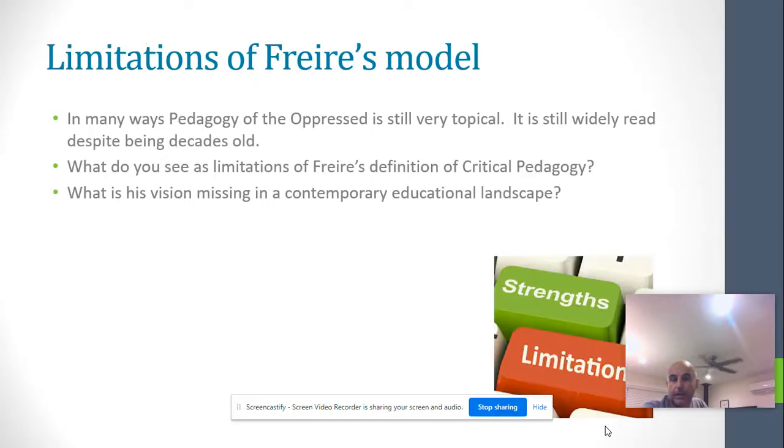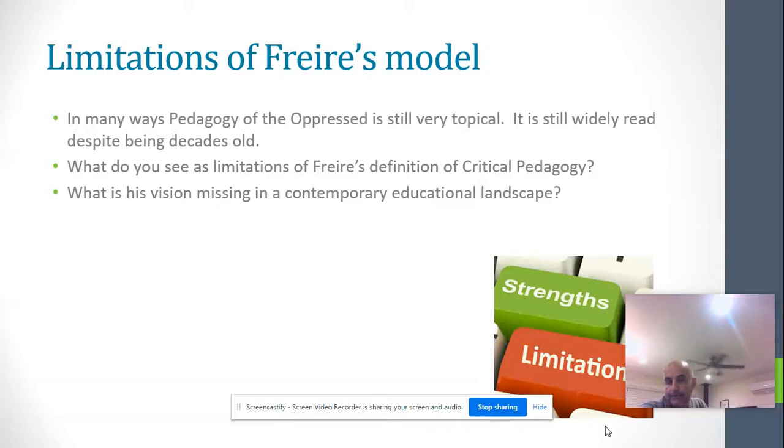I said 5 threads, but there will be 6 threads. We will also look at the limitations of the model. On the first slide, the last point was challenges, but that was really challenges in implementation, so I was looking at organizational and strategic issues that arise when we try to implement critical pedagogy in educational spaces or organizations.